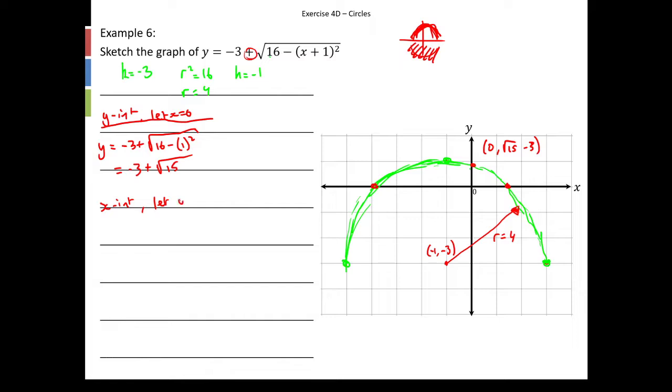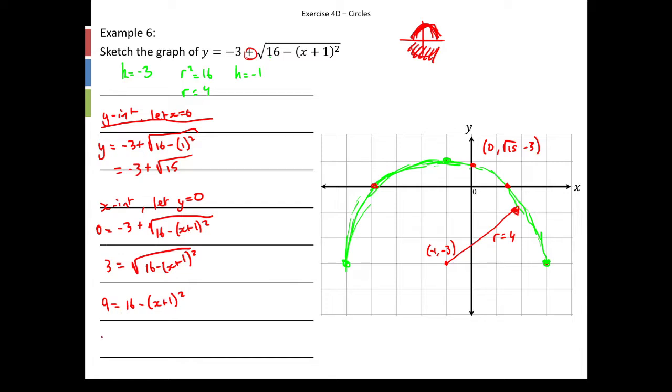We let y equal 0. And I'm just going to start solving this. Hopefully by now you're with this. So we take the square of both sides. So we get 9 equals 16 minus (x plus 1) squared.